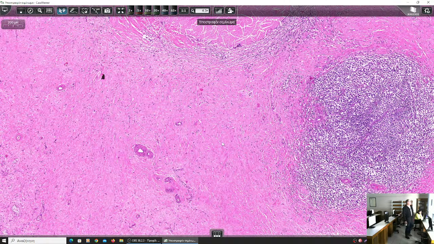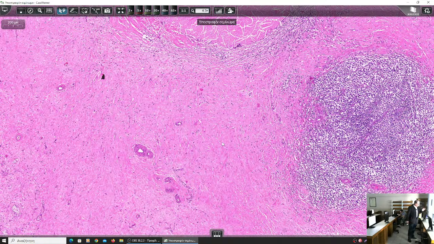Many times it's not for good, because if we see a large amount of fibrous tissue replacing the parenchyma of the tumor, most probably the tumor has metastasized. So we have to look at the retroperitoneal lymph nodes, if they are enlarged, as well as the liver, the lungs, the central nervous system, to detect possible metastasis.